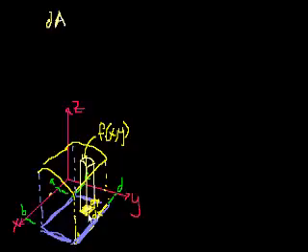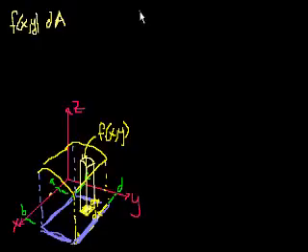Sometimes written like that. dA, it's a small area. And we're going to multiply that area times the height of this column, and that's the function at that point. So it's f of x and y. And of course, we could have also written it as this dA is just dx times dy, or dy times dx. I'm going to write it in every different way.